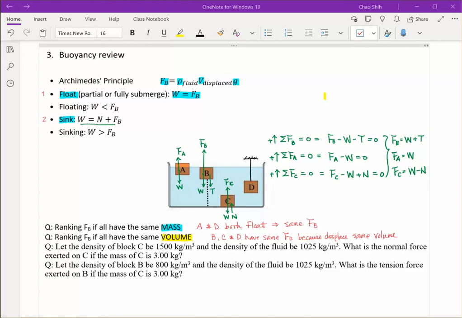If that is the case, then how do you draw the free body diagram of that? Let's make another tank over here to isolate that situation. So this is the water level. We have a ceiling on the top, we connect the string to the block. Let me use block E to distinguish the difference.